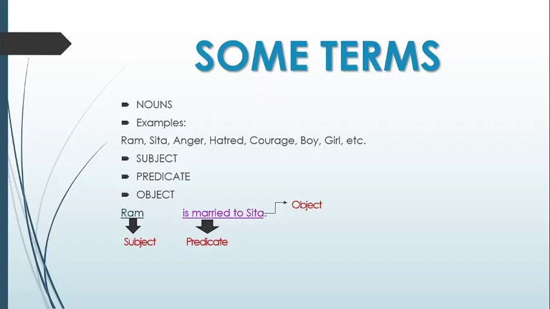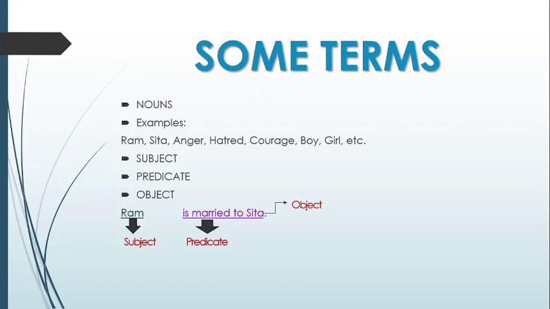Anyway, basically, whenever we open our mouth to talk about something, we have to take a name to get ourselves across. Some more examples would include Ram, Sita, courage, boy, girl, etc.